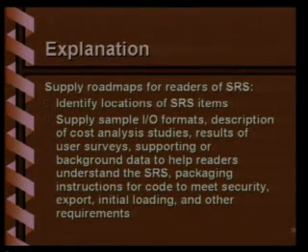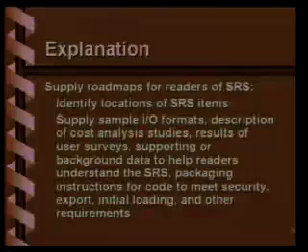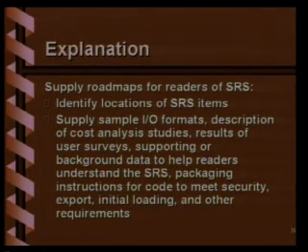It identifies the location of SRS items, supplies sample IO formats, descriptions of cost analysis studies, results of user surveys, supporting background data to help readers understand the SRS, and packaging instructions for code to meet security, export, initial loading, and other requirements. Basically, the details go as far as appendices are concerned.